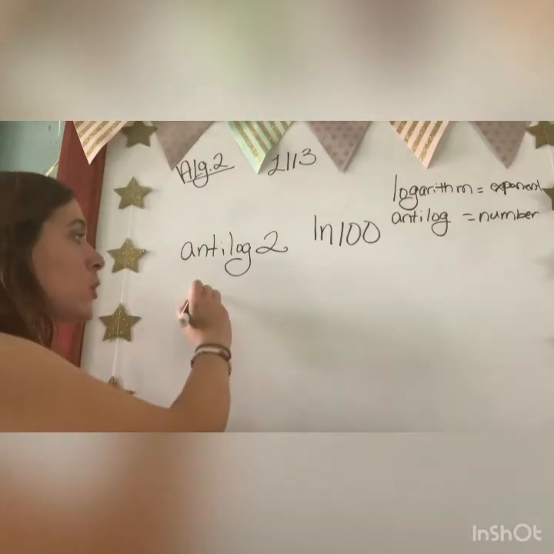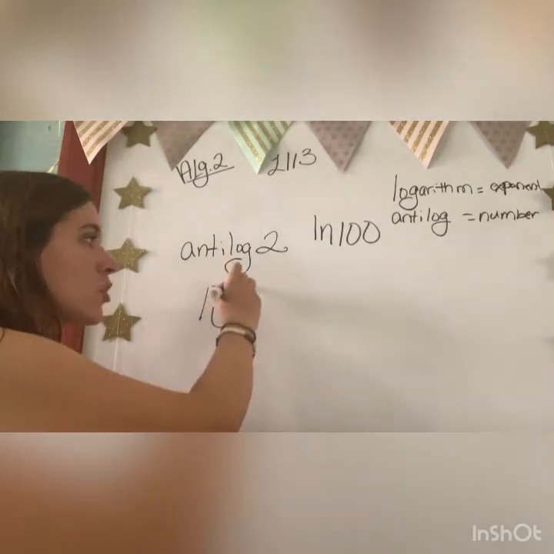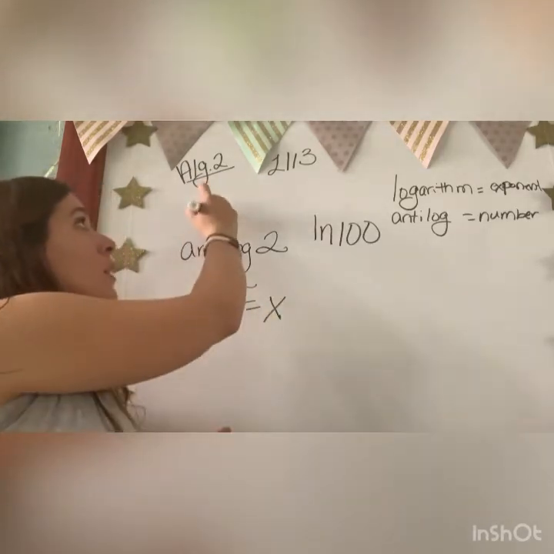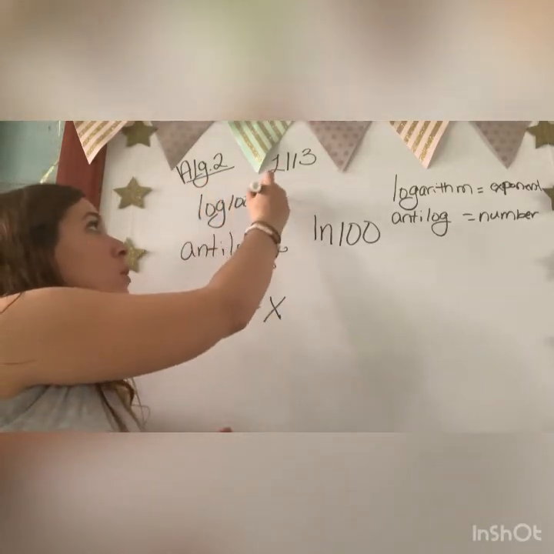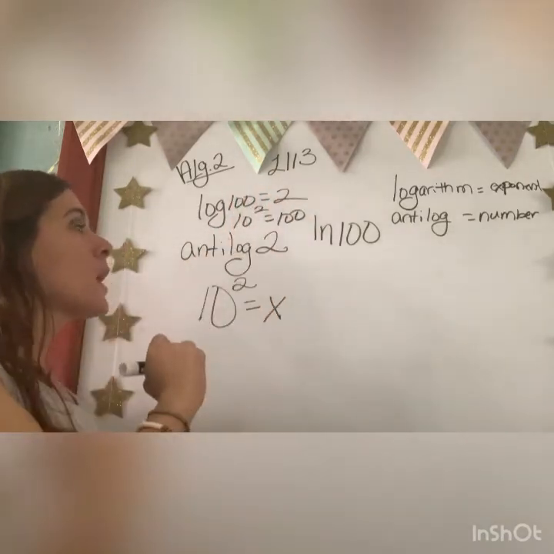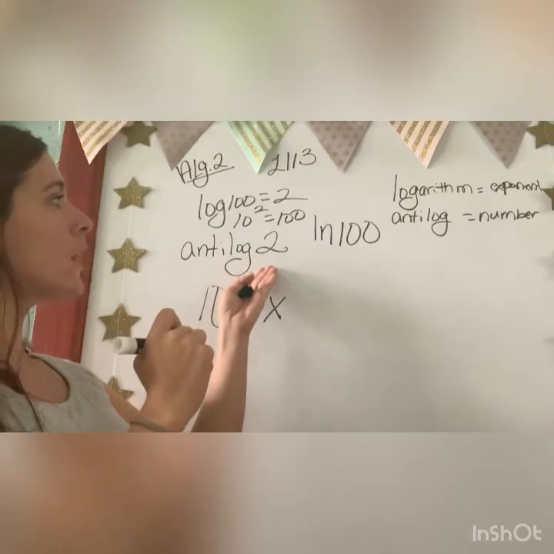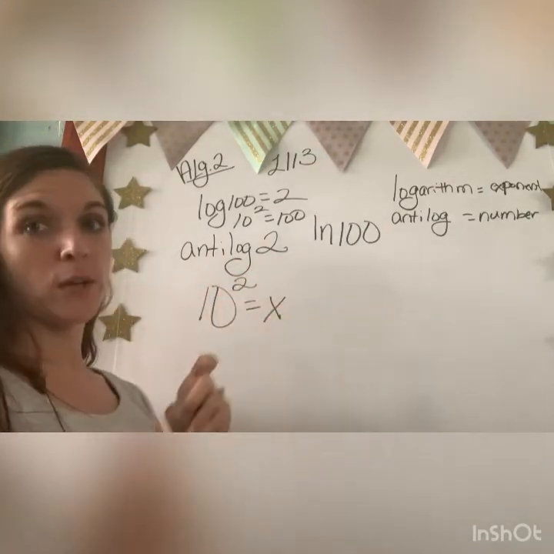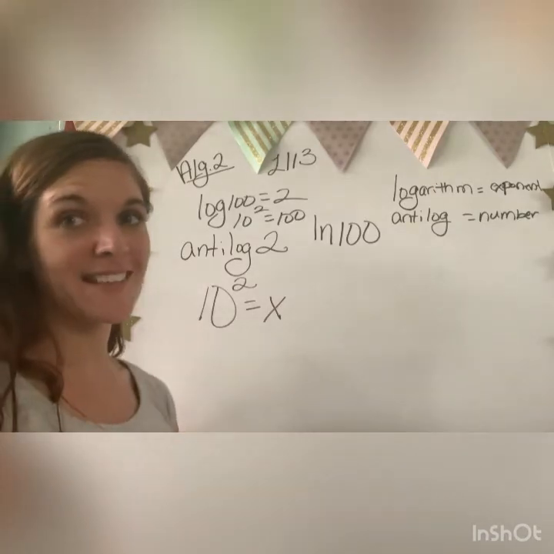What are you asking? You're asking to go 10 to the 2 equals what? This is your x. So we know that log 100 equaled 2 because 10 to the 2 equals 100, right? So now if you do anti-log, you're finding that this is your exponent. What is the number that it produces? Which is just 10 to the 2.